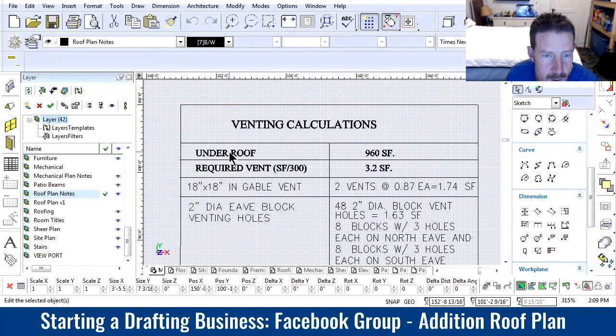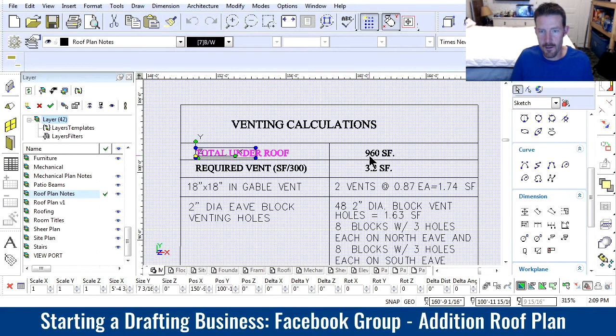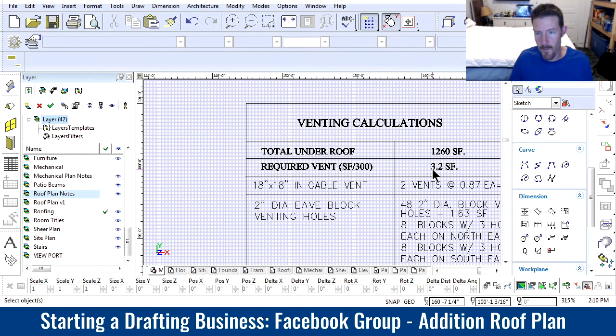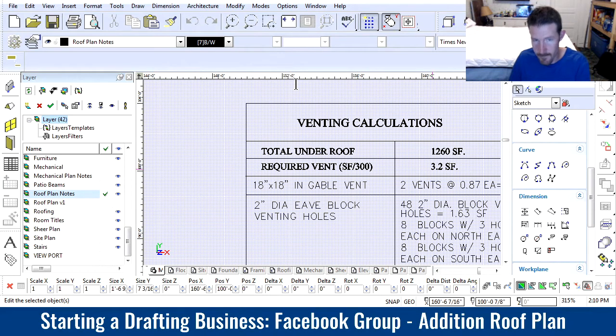Cool. Roof. It was 1260. And then this was 4.2, I believe.